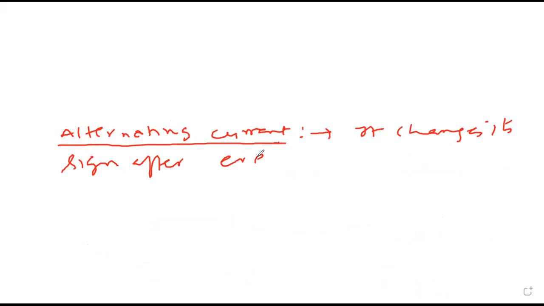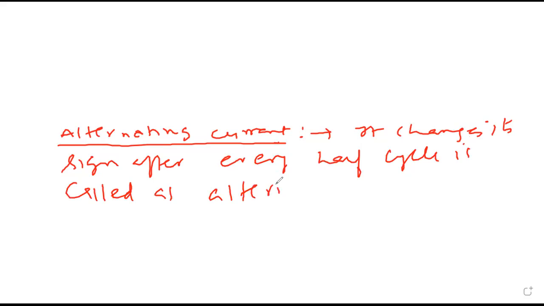In India, the frequency of the source is 50 hertz. That means it will be making 100 times positive and 100 times negative in 50 hertz. So it changes its direction after every half cycle.